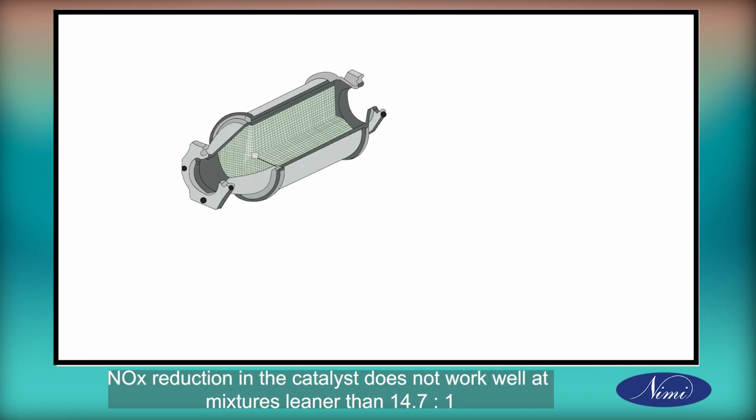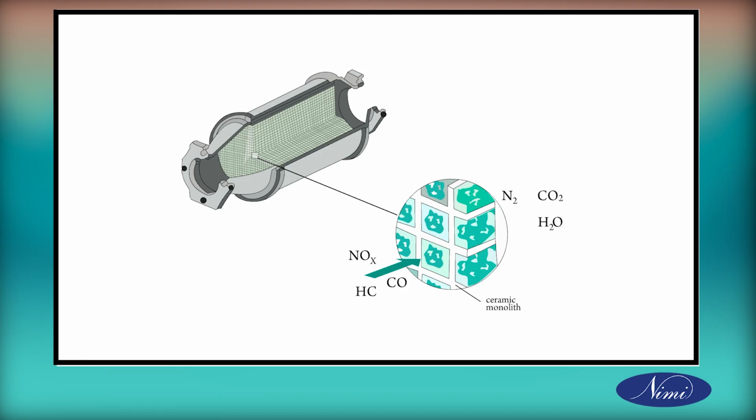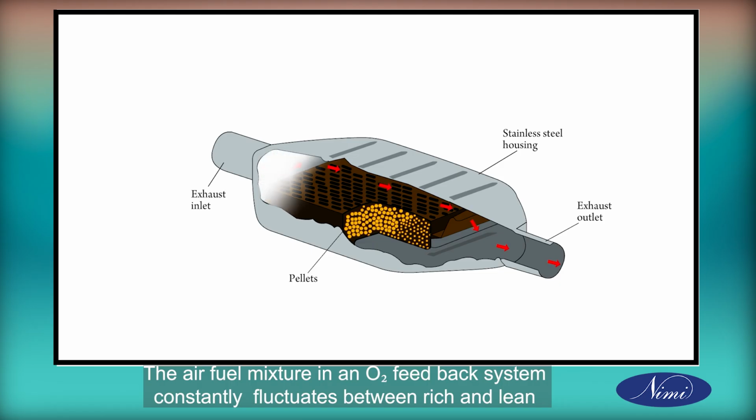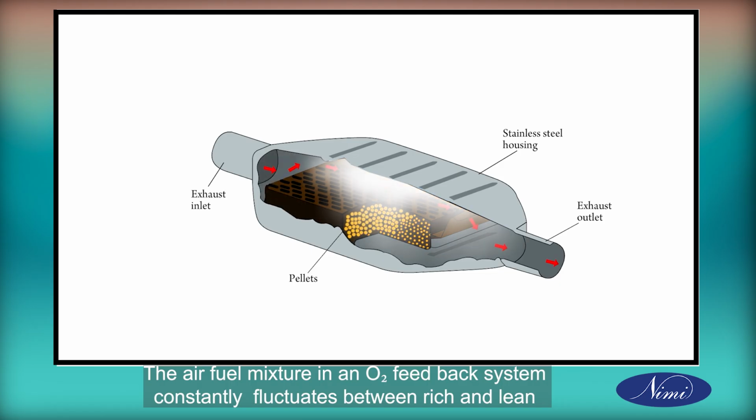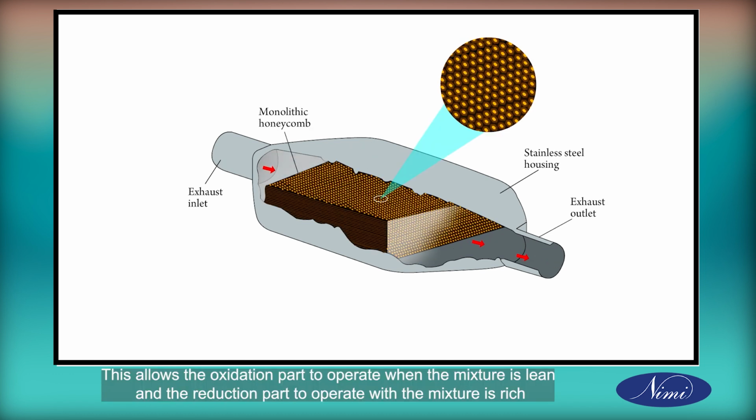NOx reduction in the catalyst does not work well at mixtures leaner than 14.7:1. The air-fuel mixture in an O2 feedback system constantly fluctuates between rich and lean. This allows the oxidation part to operate when the mixture is lean and the reduction part to operate when the mixture is rich.